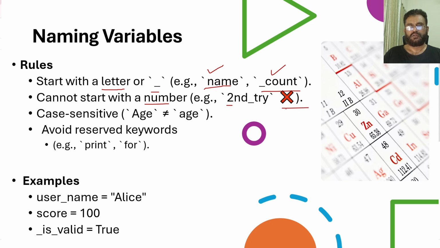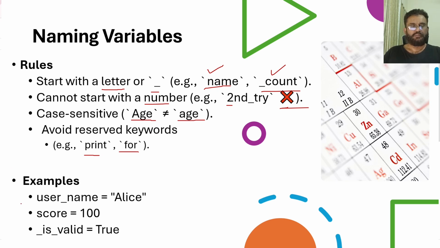So it's not a valid variable name in Python. Python's variables are case sensitive. So if you declare a variable with capital A, it is not equal to a variable with the same characters starting with a small a. We should also avoid reserved words like print or for, which are defined in the language for serving different purposes.